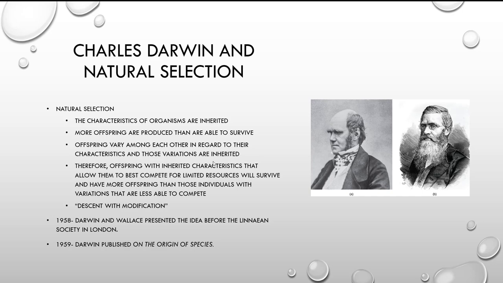Okay, so we have this overabundance of offspring. There's variation amongst the offspring. They're going to be competing with each other for limited resources. And so, therefore, the ones that have the best inherited characteristics that allow them to compete best for those limited resources will survive and have more offspring than individuals with variations that are less able to compete.